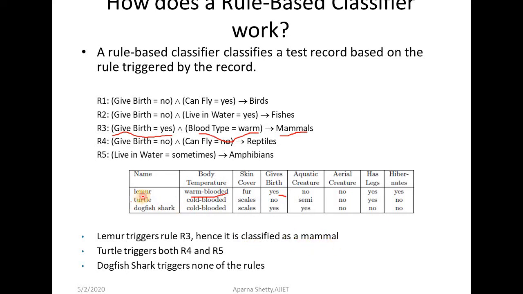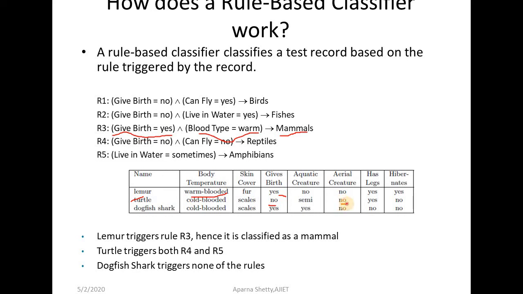Next, turtle. Turtle, if you see, gives birth is equal to no. Can fly is also no, correct?